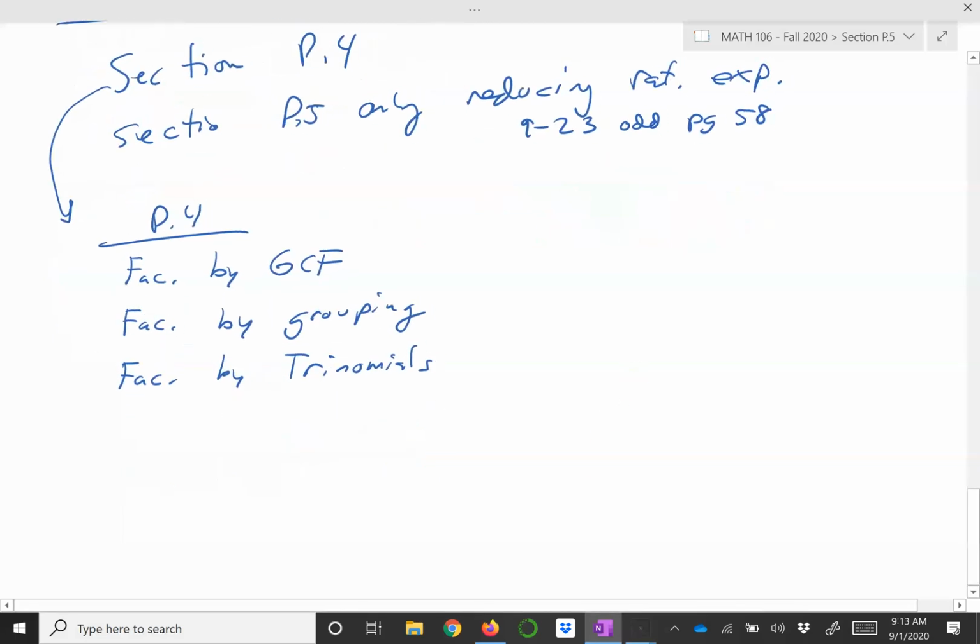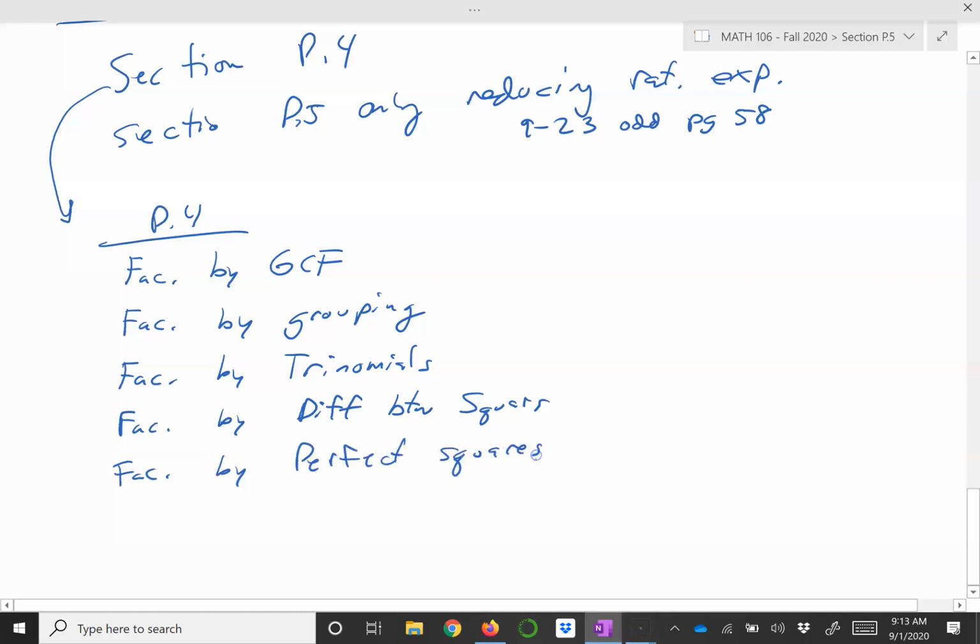And then there were two special cases, right? We had factoring by difference between squares. We know how to pick those out. They might be the easiest of these, I think. And then the only other type that I mentioned that we went over were factoring by perfect squares.